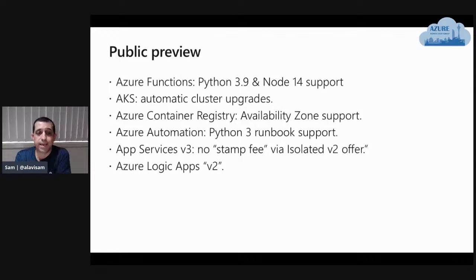base. AKS automatic cluster upgrades is a new cool feature also added to AKS managed Kubernetes clusters available in the Azure platform. Basically with this feature, you can customize how you want to auto upgrade your cluster.